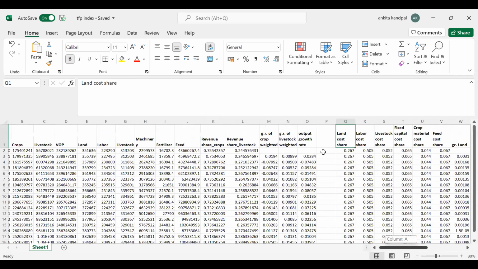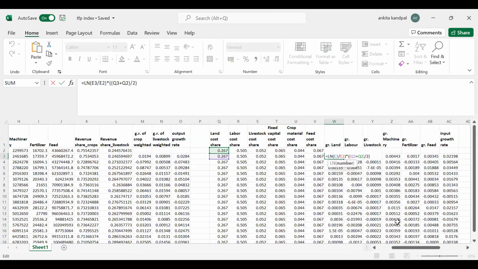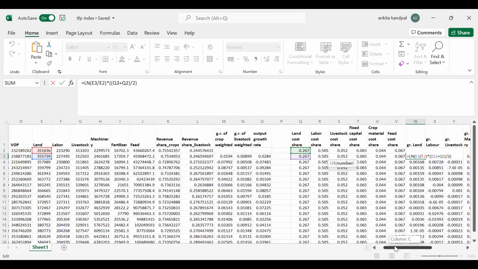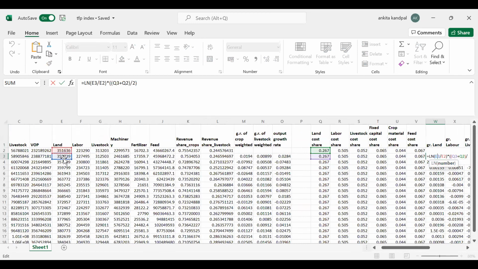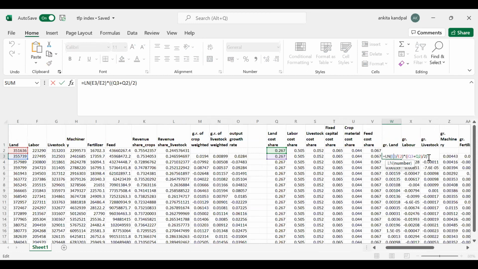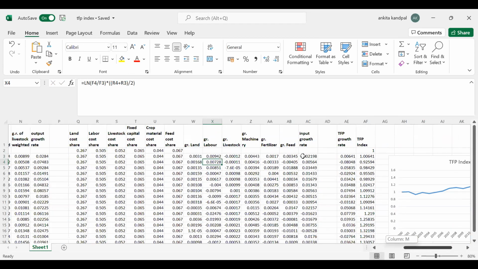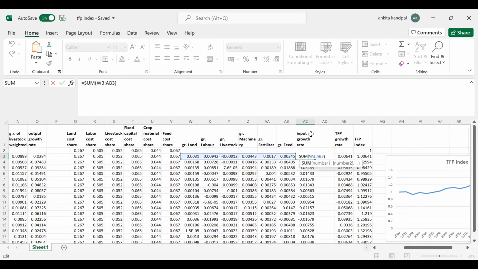Like the growth rate of land is the log of change in quantity of these 2 years multiplied by average of share of 2 years. Same is done in case of each input. Then we sum it for calculating the input growth rate.